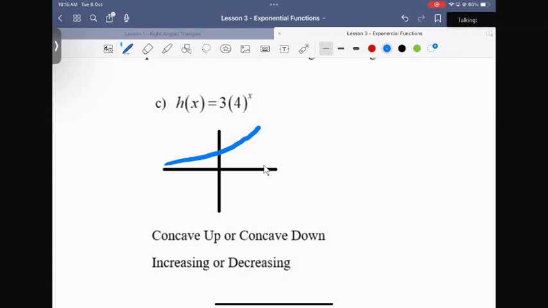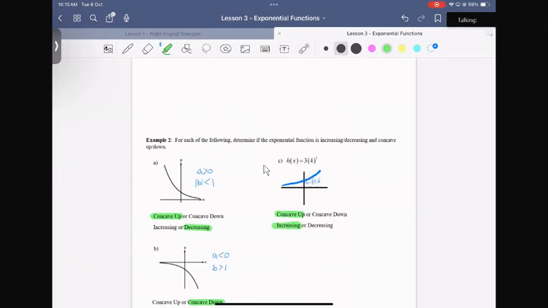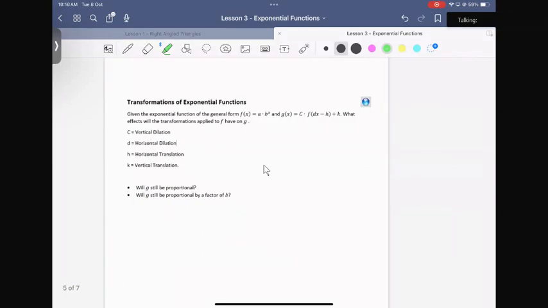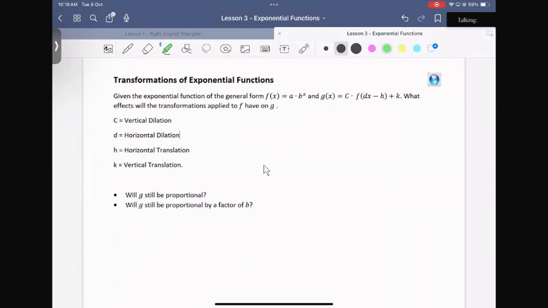Where does it cross the y-axis? It's going to cross here at 0,3. Are we concave up or down? Are we increasing or decreasing? Increasing. Okay. So we're going to go from ridiculously easy to hold on to your pants at this point.